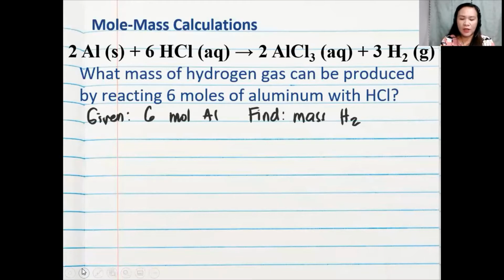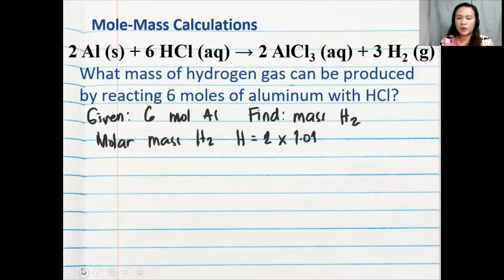So we calculate the molar mass of hydrogen, and that will be H equals 2 atoms times 1.01 grams. That will be the mass of hydrogen found in your periodic table. So we get 2.02 grams per mole. So take note, the smaller mass, we will be using that as our conversion unit.